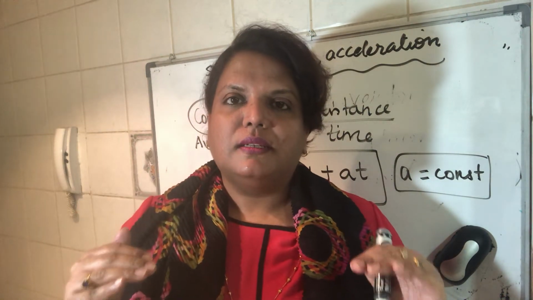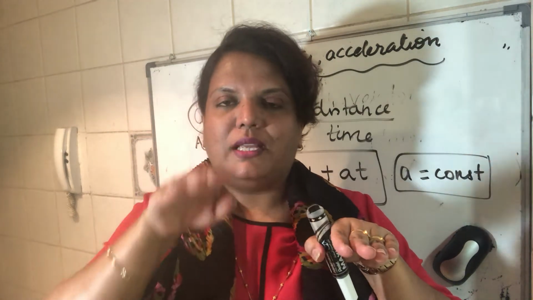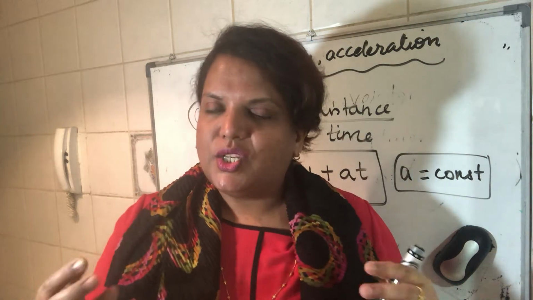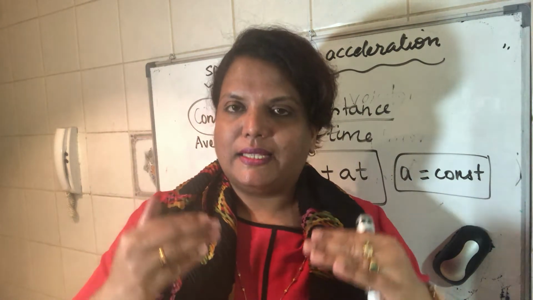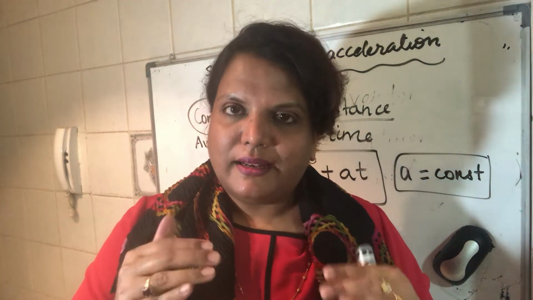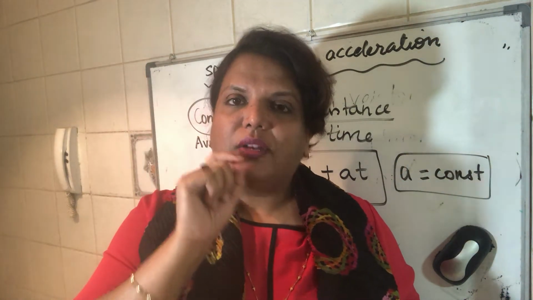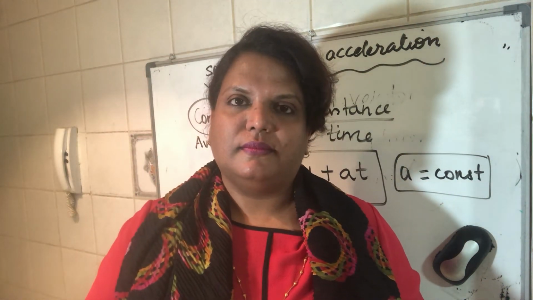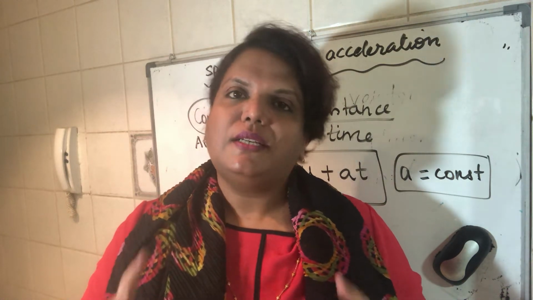Velocity being constant means the object is traveling at the same speed, with no increase or decrease of speed. Now, acceleration means a change in velocity, correct? Acceleration is change in velocity. So if I say acceleration is constant, that means the change in velocity is constant. There is a change in velocity, but the change is constant.